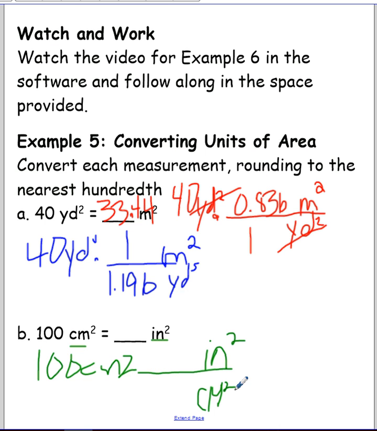And our conversion, if we look from metric to US, is 0.155 square inches per 1 square centimeter. And so when we multiply, we get 15.5 inches squared.